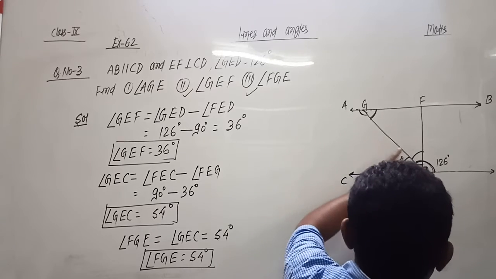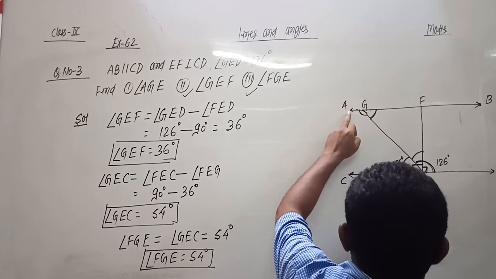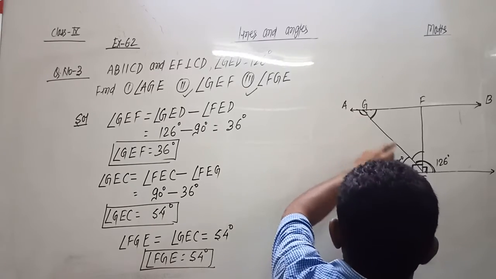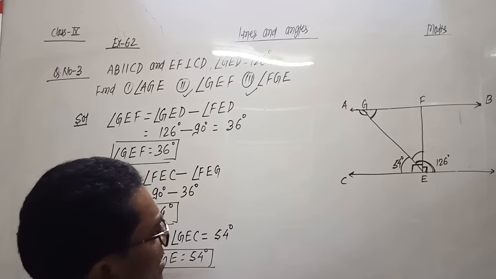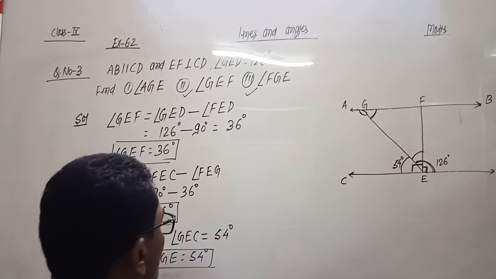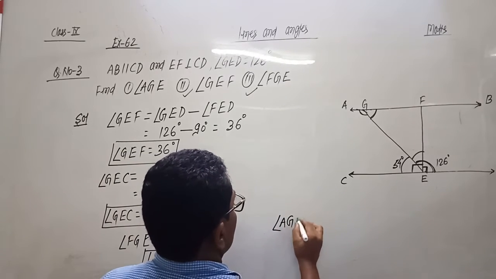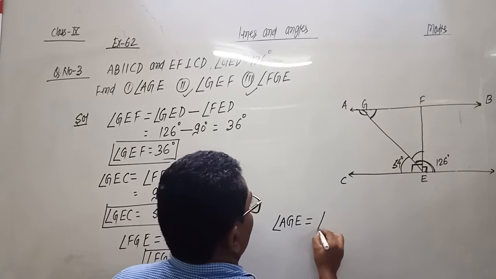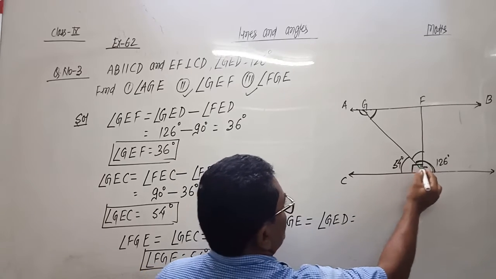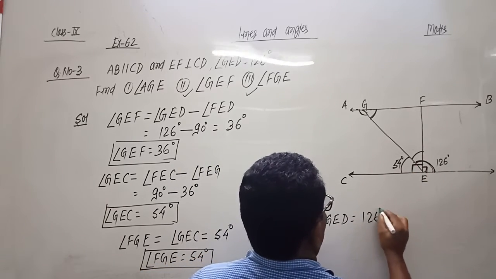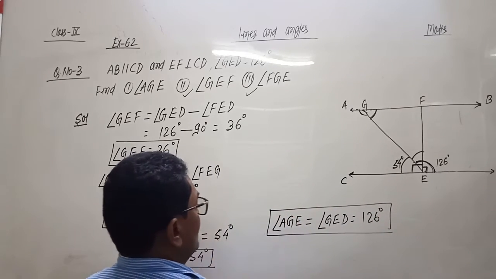They are alternate angles. Since angle GEB is 126 degrees, angle AGE is also 126 degrees.